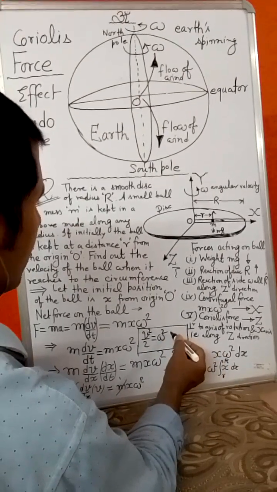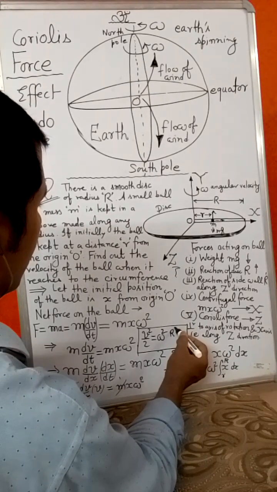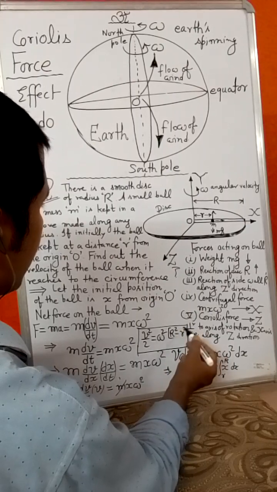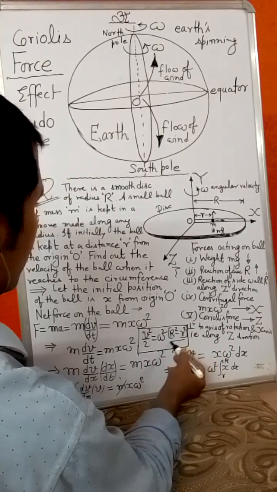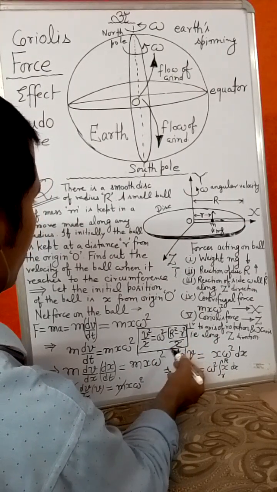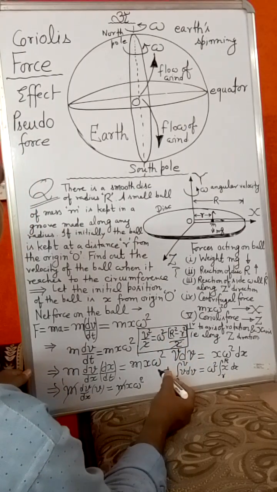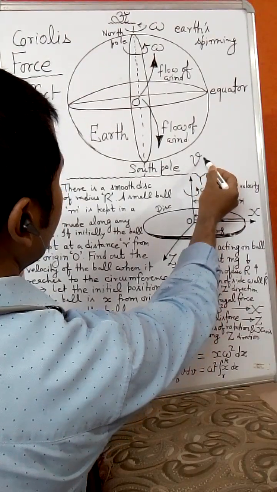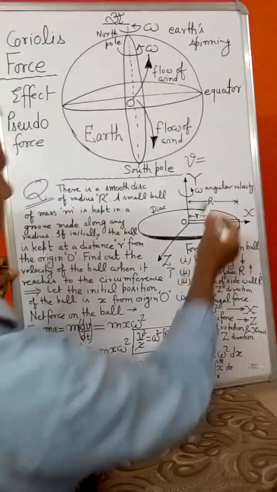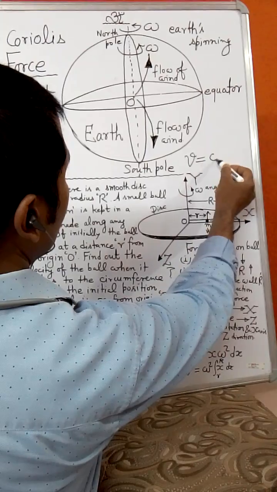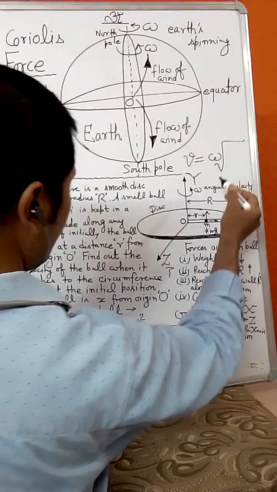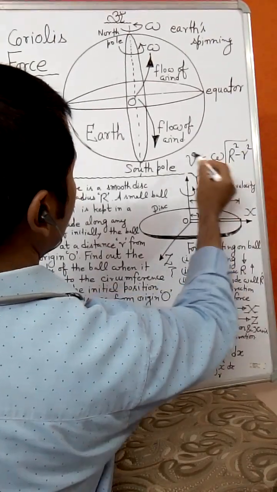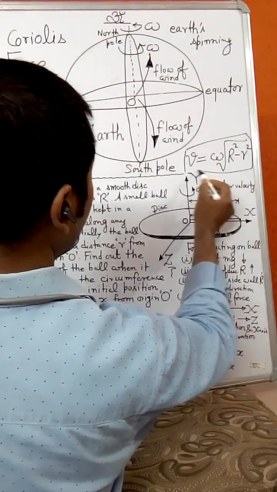X square by 2 means we write capital R square minus small r square in brackets, divided by 2, and the 2s will be cancelled. So we get the final value of the velocity v is equal to omega under root capital R square minus r square. This is the final answer.